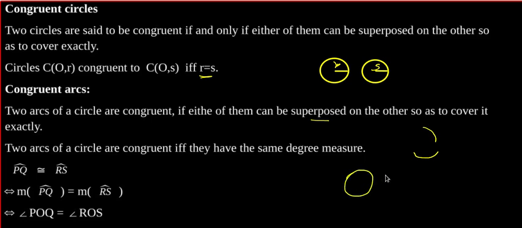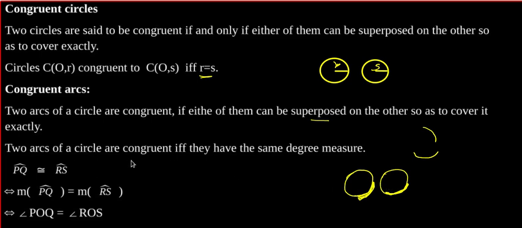Otherwise, if you take one arc in one circle and another arc in the other circle, and if this arc, when cut and kept over the other, matches exactly, then we can say these two arcs are congruent. This congruency we can prove either in the same circle or in two different circles.